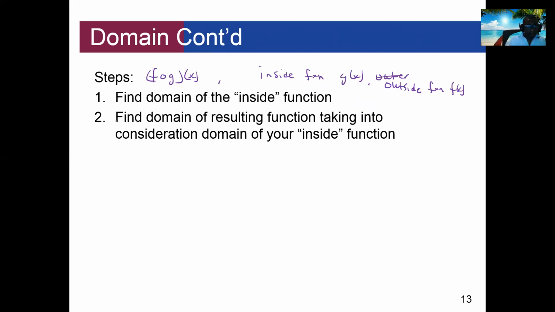So the domain first is the domain of the inside function. You find the domain of the inside function, and then you look at your final output, that is when you compose f with g, and find the domain of that, and then find what is common between the two.